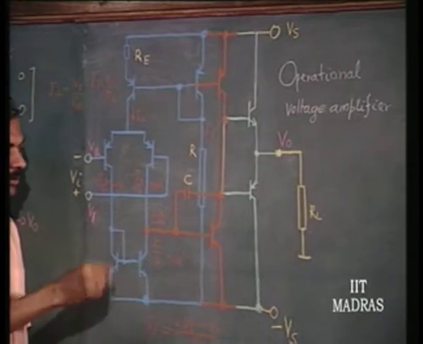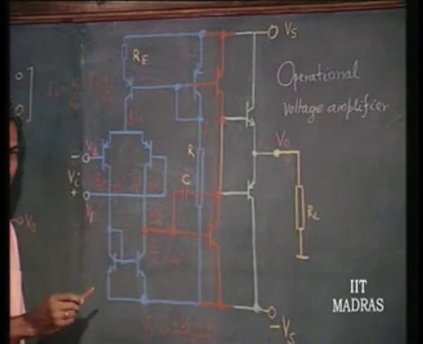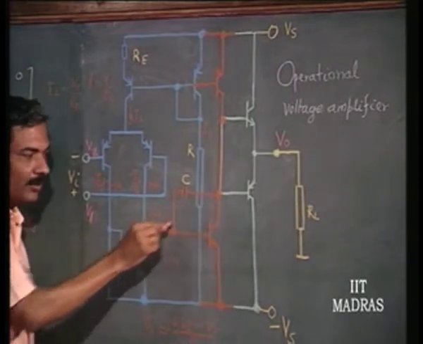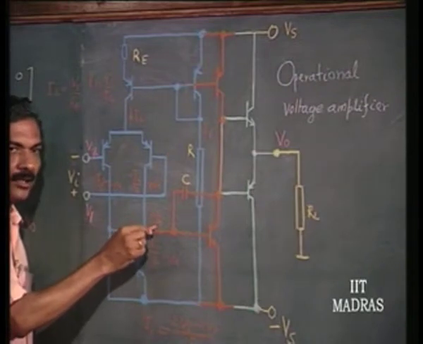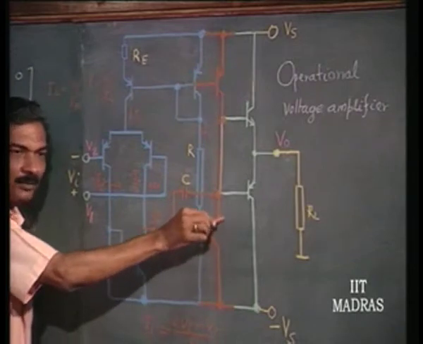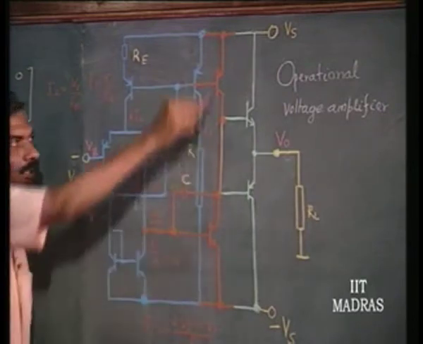Under the situation that most of the current is going into this, the current that is coming here is the base current. So, if you ignore the capacitor, this is going to be beta times that current, and that has to develop an output voltage here.